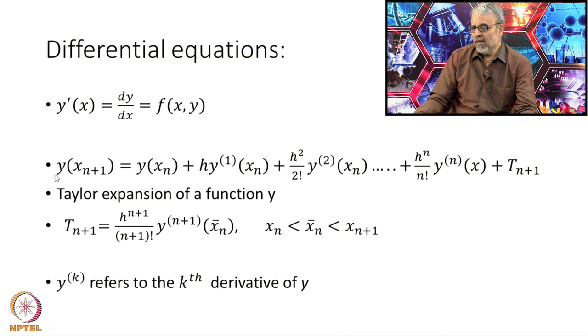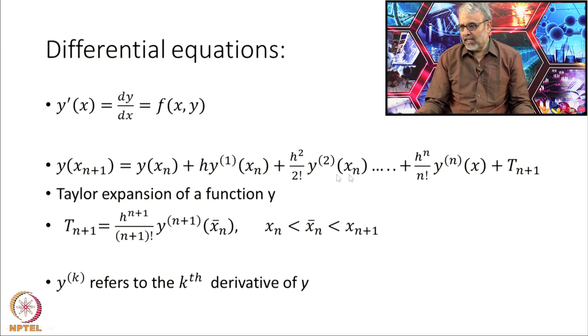So, I am expanding my function as a Taylor series which involves all the derivatives, and the error in truncating up to the nth term, I have taken up to the nth derivative, the error is given by Tn plus 1, this is the error in truncating the series up to n terms, that error is given by h to the n plus 1 by n plus 1 factorial into y n plus first derivative at some point between xn and xn plus 1. This is my Taylor series expansion.